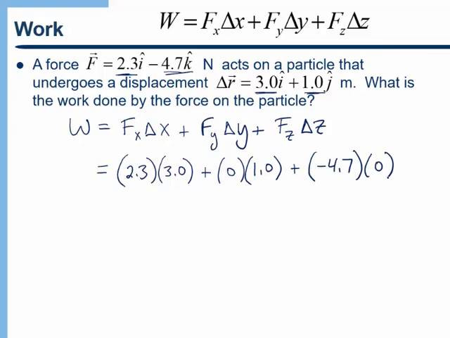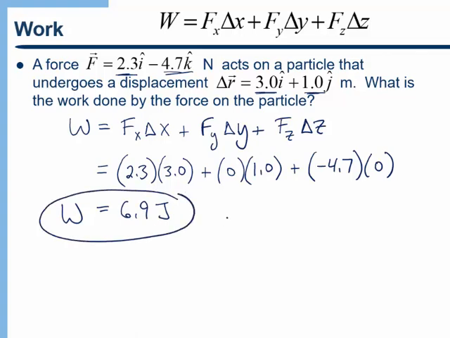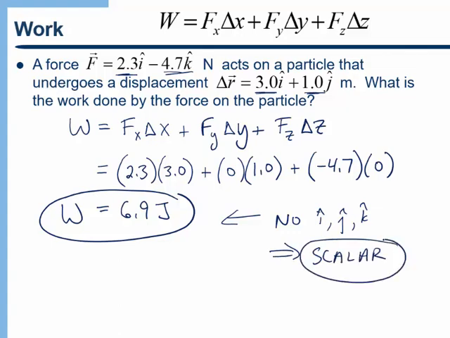You'll notice only that first term results in any value, and what we get is that the work is 6.9 joules. Notice again, no i's, j's, or k's in that answer because it's a scalar. Make sure that you remember that. The i's, j's, and k's don't end up in the answer because it's just got to be a magnitude.